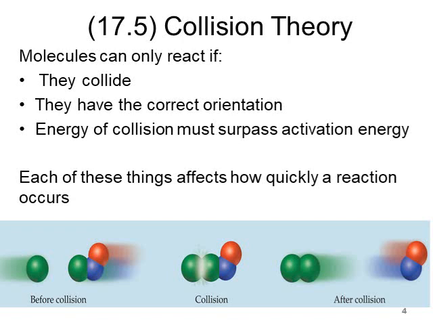So we don't have to just bounce these atoms off each other, but we have to react them in a way that their electron orbits fuse together to create a chemical bond. That is what we call the activation energy, the energy requirement for this new molecule, this new reaction to activate. So each of these things, the number of collisions, how difficult the orientation is, and the energy of those collisions all affect how quickly a reaction occurs.